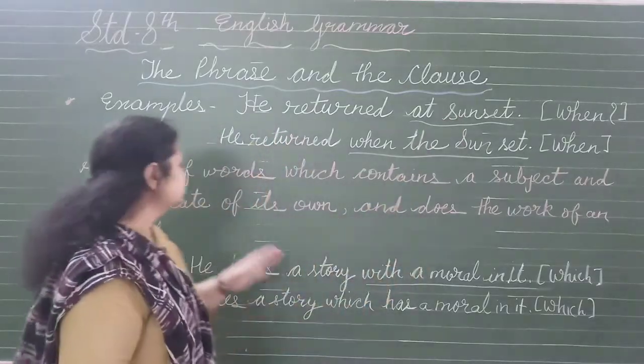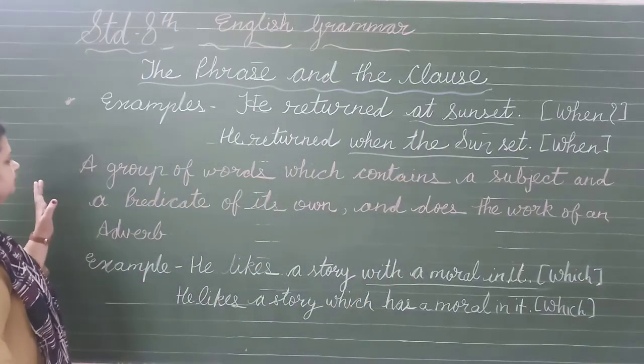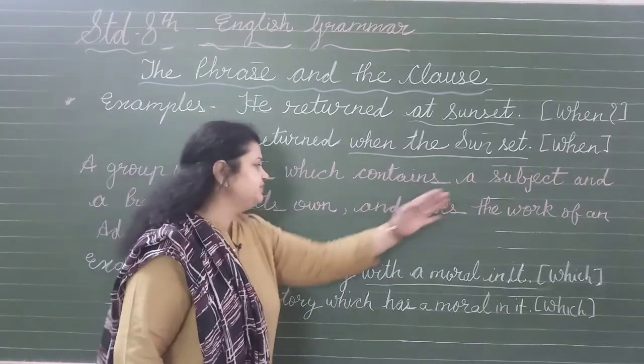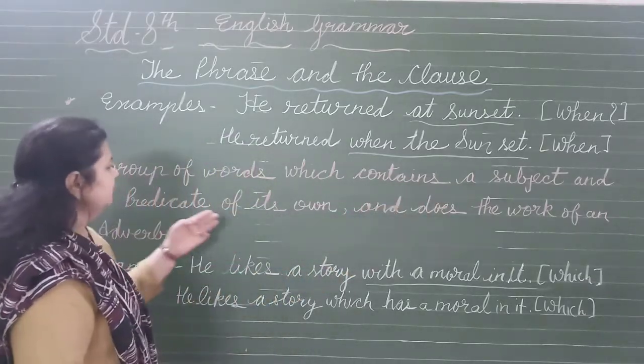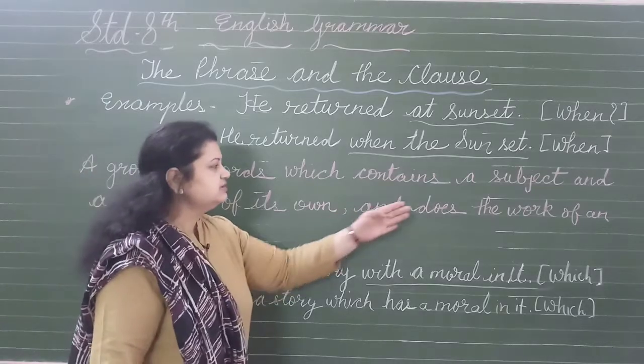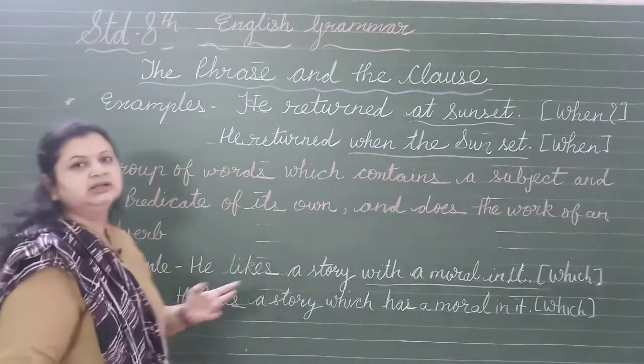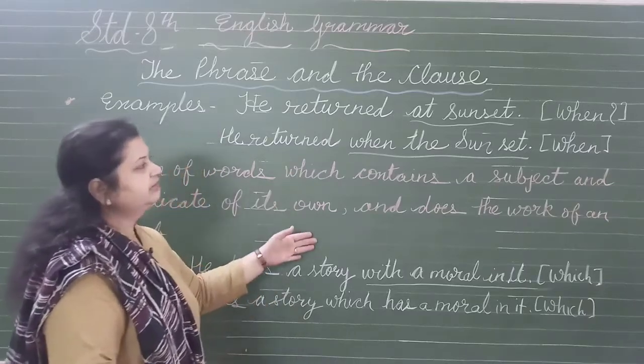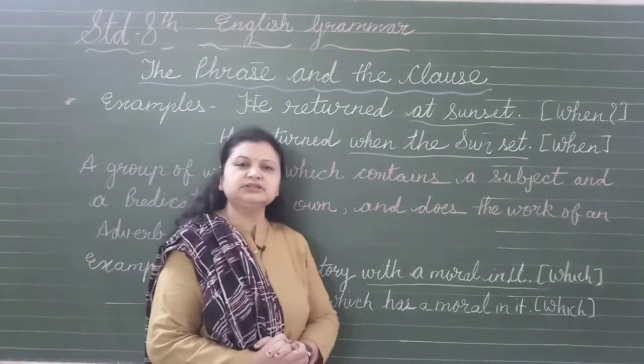So now let's learn the definition. A group of words which contains a subject and predicate of its own and does the work of an adverb is called an adverb clause. Now here was the definition of the adverb clause.